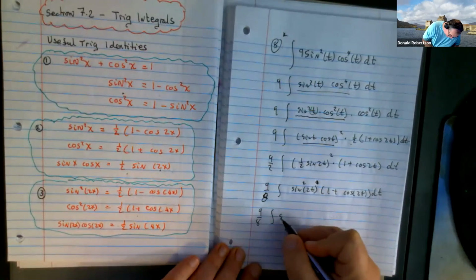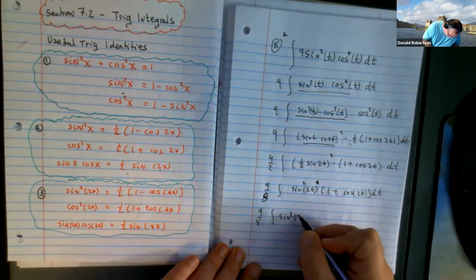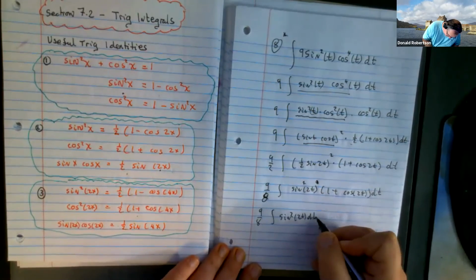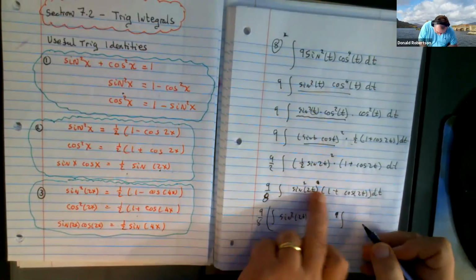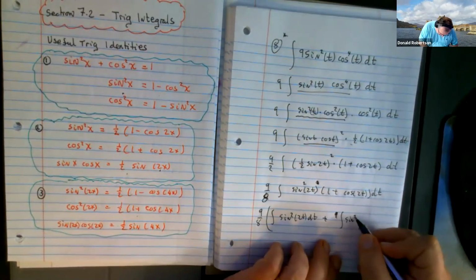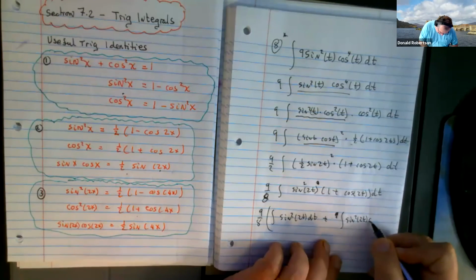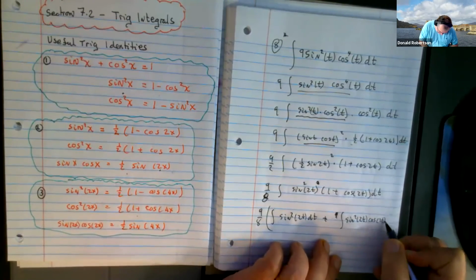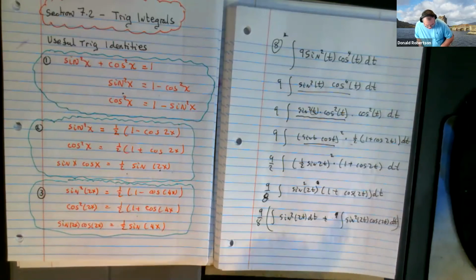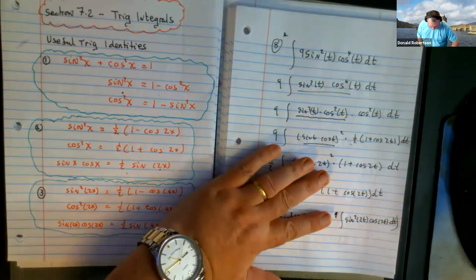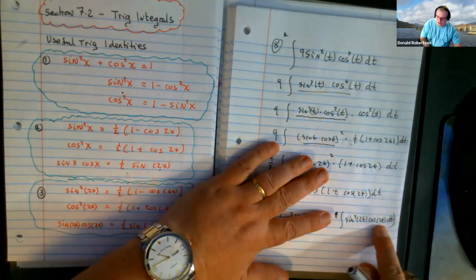I'm going to split it into the integral of sine squared 2t, plus, I'll put a bracket around that, plus the integral of sine squared 2t cosine of 2t dt. Right. Forget about this guy. Can you see a u sub?